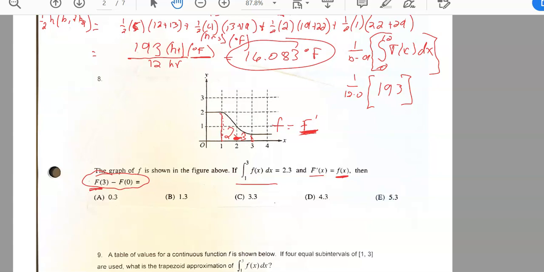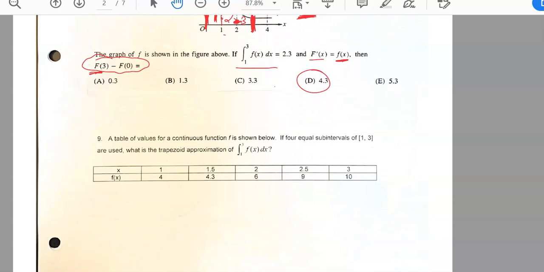So what this is really asking us is, if we integrated F prime, which is the graph above, from 0 to 3, what would that give us? So now that wants to take us from here to here. We already know from 1 to 3 we have 2.3. So if we add on these extra 2 little units here, we take the 2, add the 2.3, should give you 4.3. Okay?